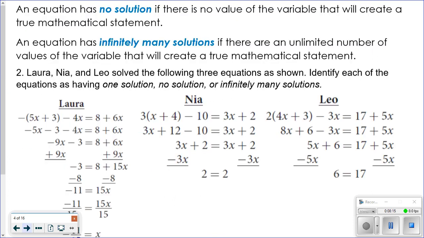Question 2. Just a reminder, an equation has no solution if there is no value of the variable that will create a true mathematical statement.